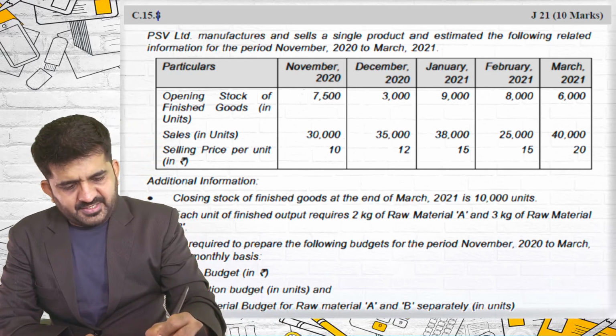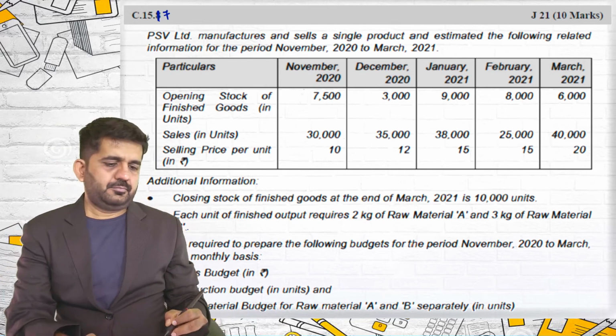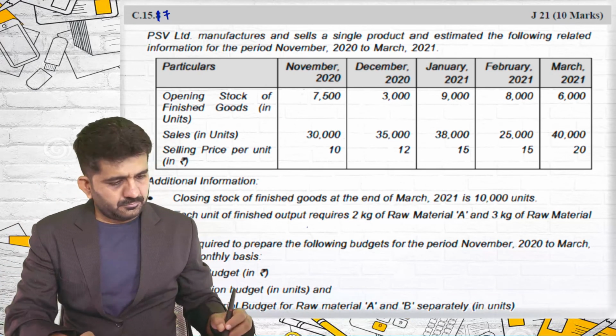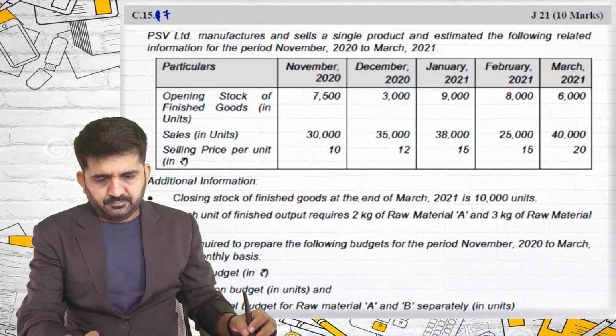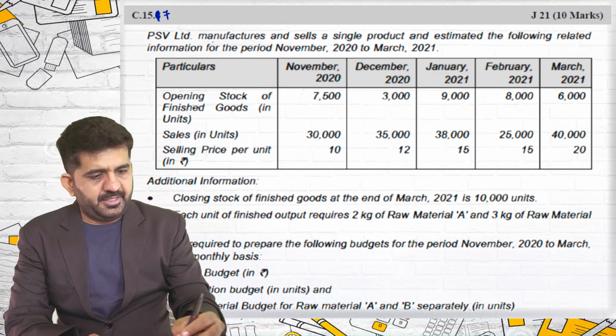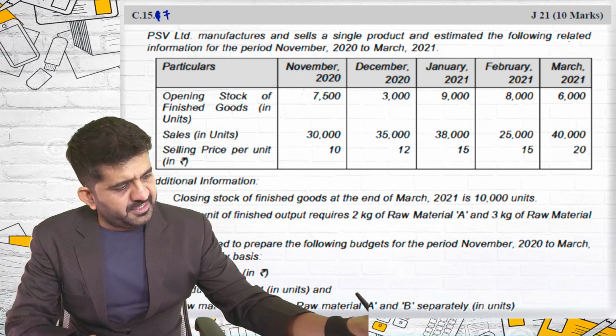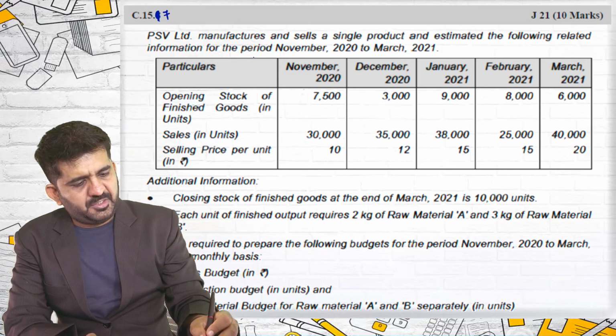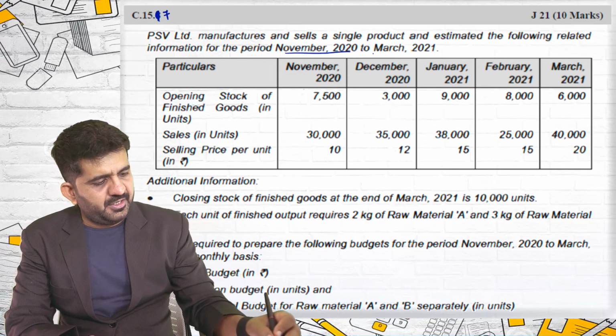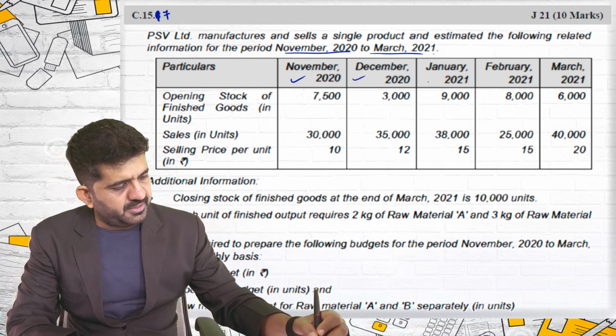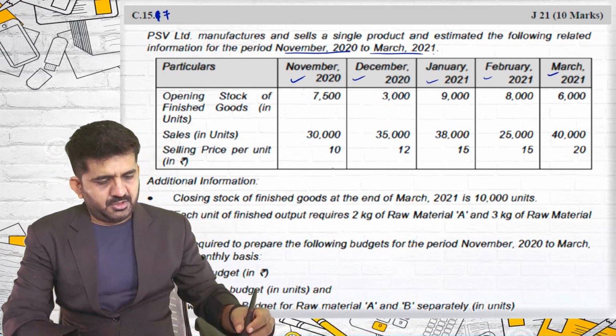This is 15.7. PSV Limited manufactures and sells a single product and estimates the following related information for the period November to March. So it is November, December, January, February and March.